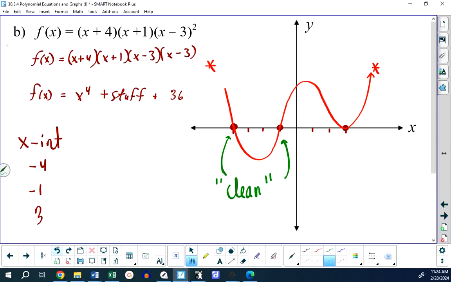But this x-intercept is not a clean passage. It's not even a passage through the x-axis, and this is called a tangent. Nothing to do with trigonometry unless you get into calculus and you start talking about slopes of tangents and all that stuff, okay?